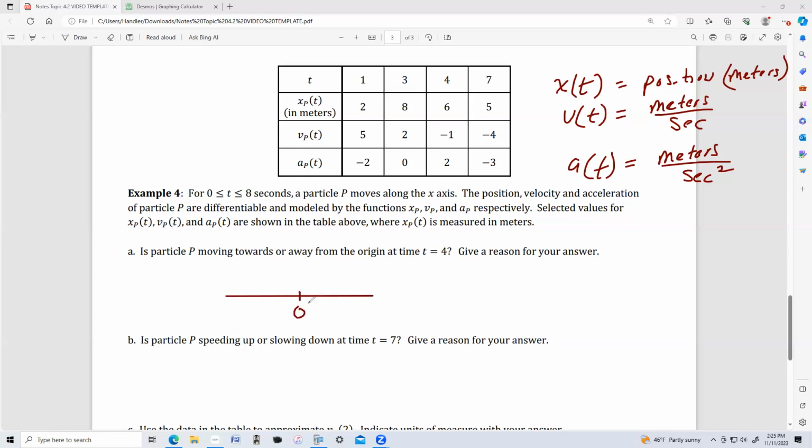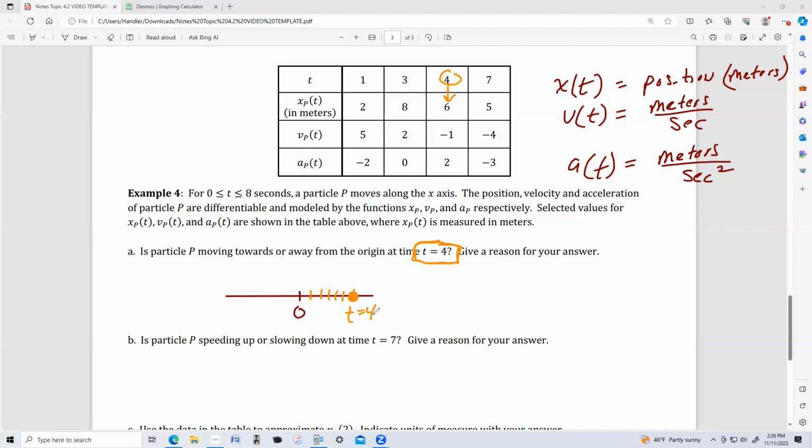Let's look in the table and see, where is the particle at time 4? When t is 4, its position is 6. So at time 4, it's at position 6: 1, 2, 3, 4, 5, 6. Okay, it's here. So this is its position at t equals 4.